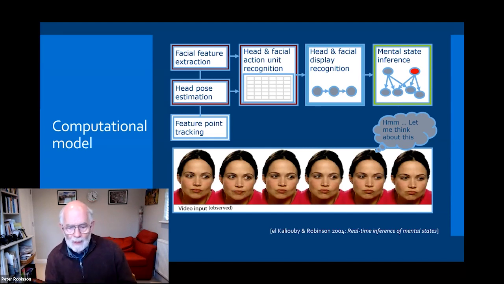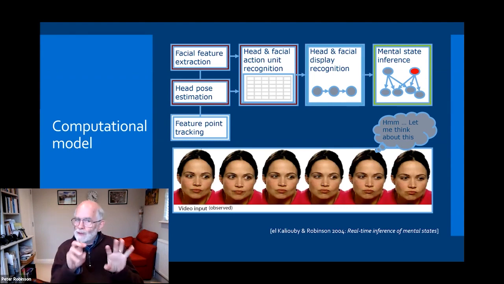So, for example, from the pose information, we could tell whether your head was up or down, your mouth was shut or open, and indeed, when it's open, by doing a bit of color analysis, whether it's open in surprise, or open with laughter, which tends to show the teeth more.